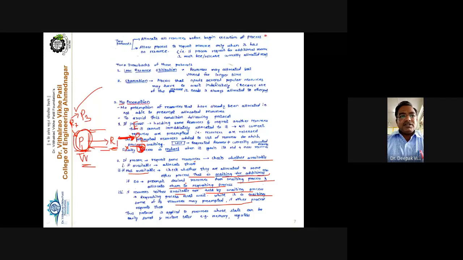The process has to wait, and while it is waiting, the operating system may remove or release its resources so they can be allocated to some other process. This protocol is applied to resources whose state can be easily saved and restored later, for example memory or registers.